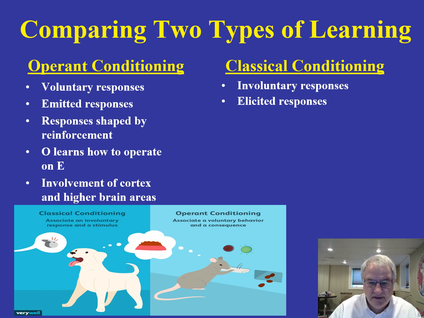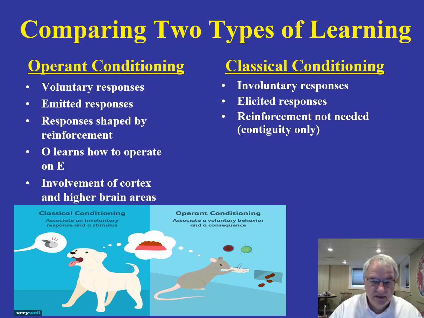So in the case of classical conditioning, we're dealing with different types of responses entirely. We're dealing with involuntary responses. We don't really need reinforcement. It's contiguity, the closeness in time of two events, that's really crucial for classical conditioning. So what is happening here?